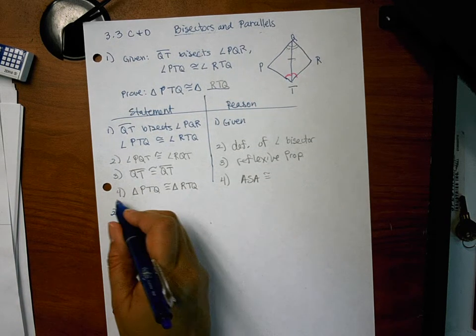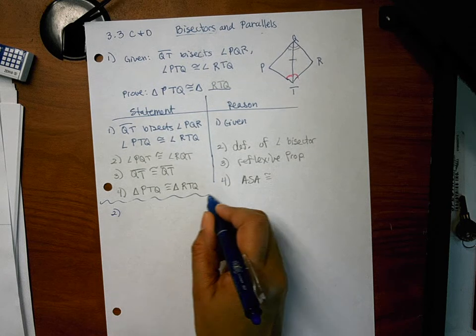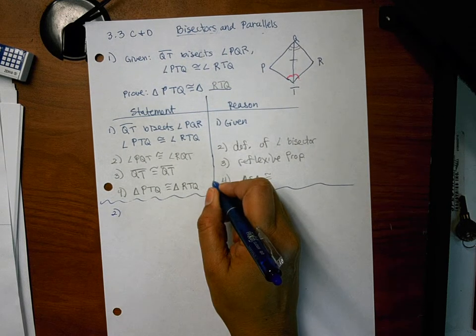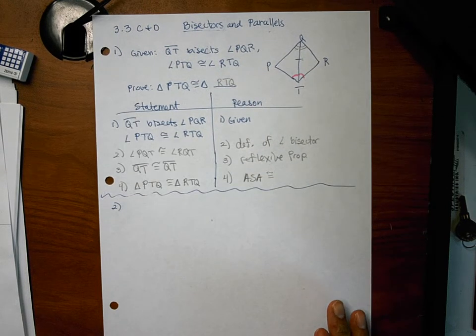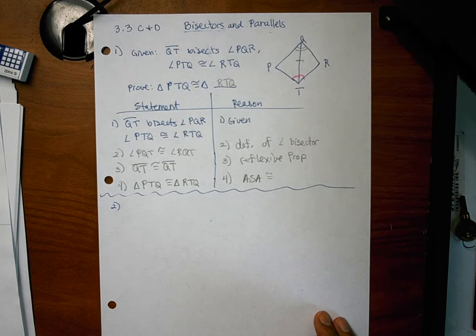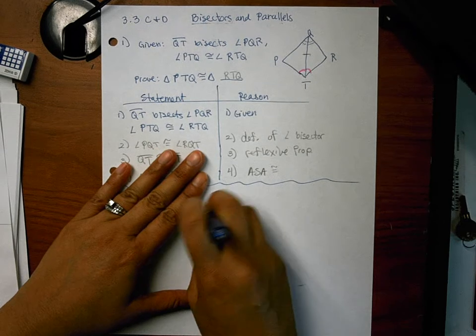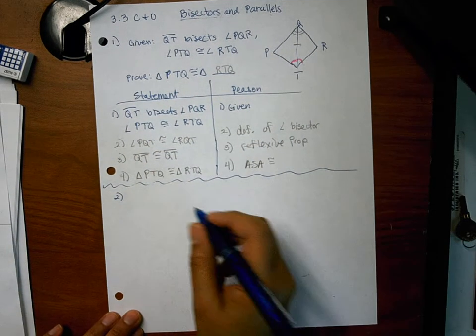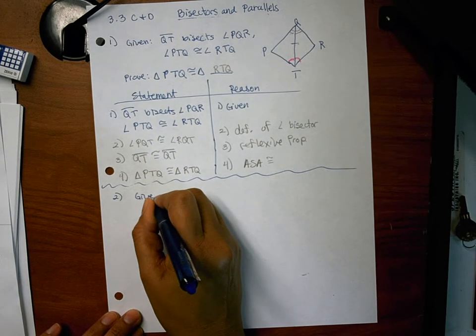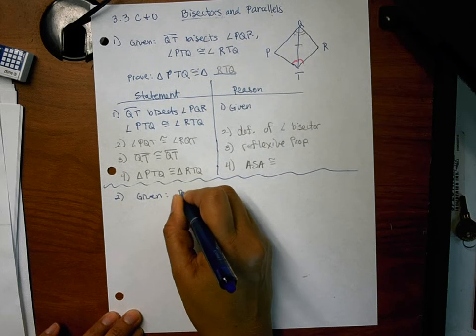Number 2, you know what parallel lines are, two lines that go on forever and never intersect. And we've talked in class about alternate interior, same side interior, corresponding angles, and stuff like that. Okay.